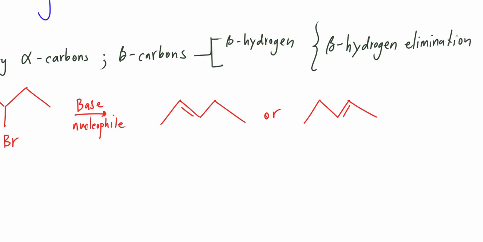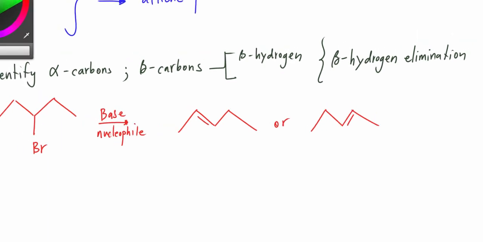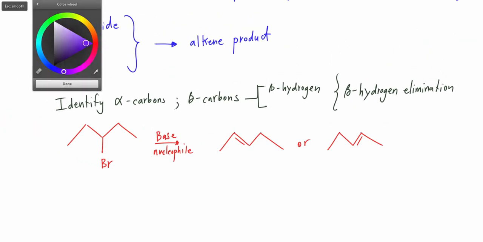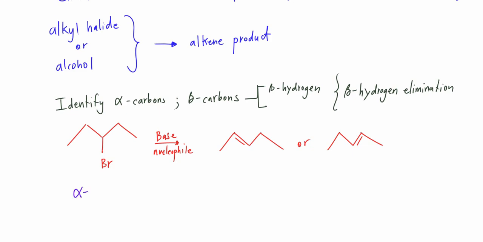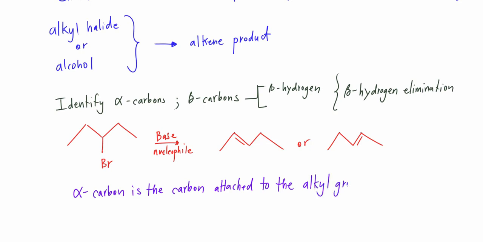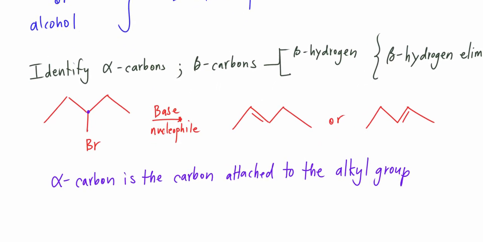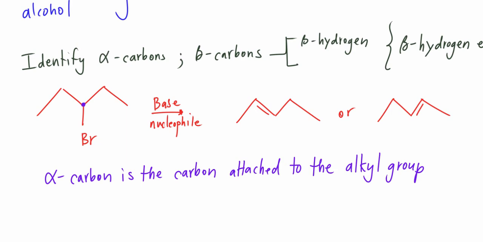Okay, so first rule is that the alpha carbon is the carbon attached to the alkyl group. So in this case, this carbon here is attached to the alkyl group, so that's your alpha carbon. Okay?